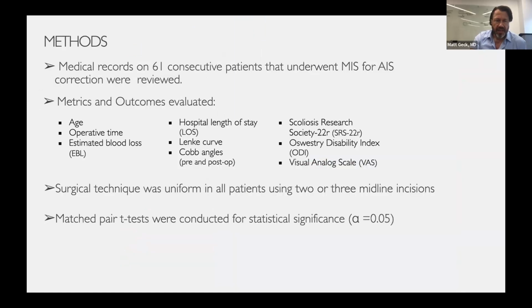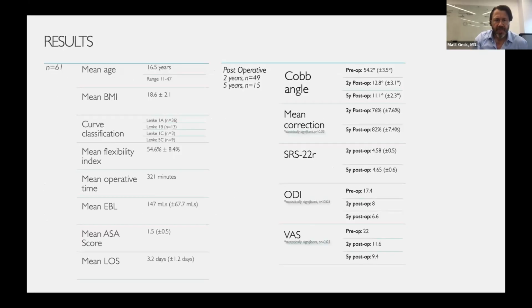And so we looked at our first 61 patients. I think we're up to over 100 kids now, and looked at all the standard metrics. And this includes patient-reported outcomes. We do PROs in our office as part of every patient. So we had all that data to mine, and then we did standard statistics on the groups.